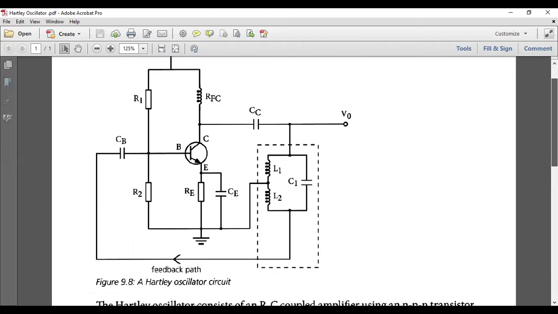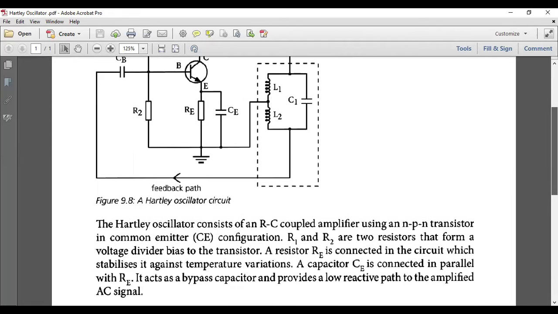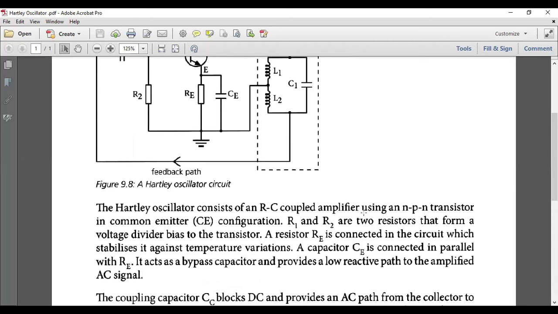So that is what you're going to have on your presentation, where the Hartley oscillator consists of an RC coupled amplifier using an NPN transistor in common emitter configuration. R1 and R2 are the resistors that form a voltage divider biasing the transistor.